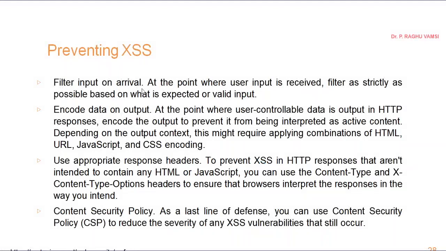Filter the input on arrival at the point where the end user input is received. Filter as strictly as possible based upon what is expected or valid input. The next one is encode data on output at the point where uncontrollable data is output in HTTP.